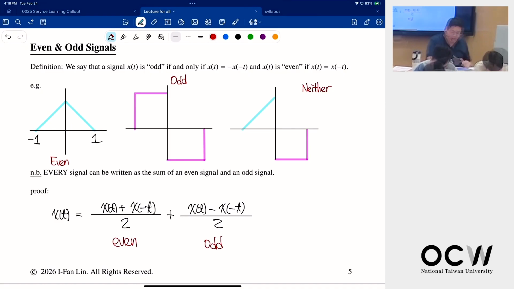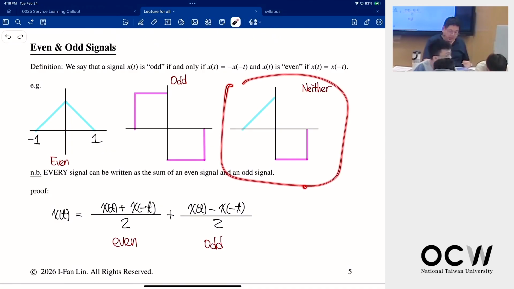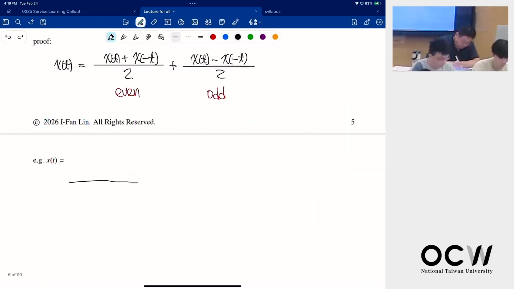So in this case, let's talk about this signal. We can find the even signal and also the odd signal. The signal is from -1 to 1, from -1 to 0, and here also from -1 to 0. This is -1, here 1, -1, and 1.